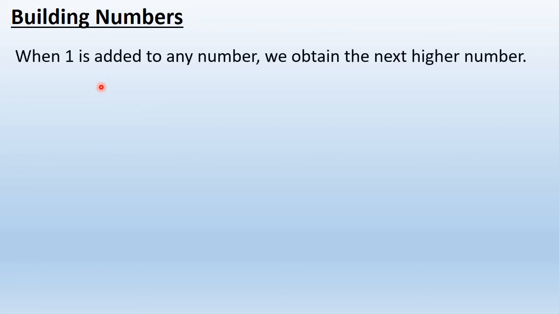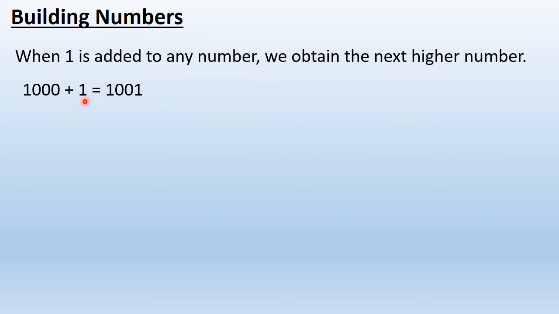Building numbers. Now we will learn how to build the numbers up to 10,000. When 1 is added to any number, we obtain the next higher number. Let us see the meaning of this.